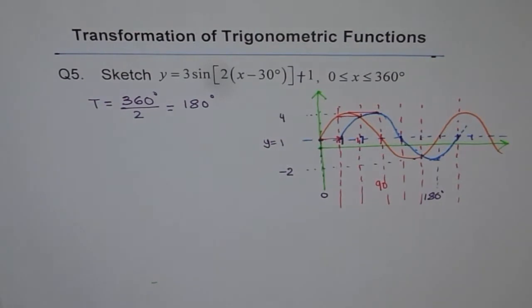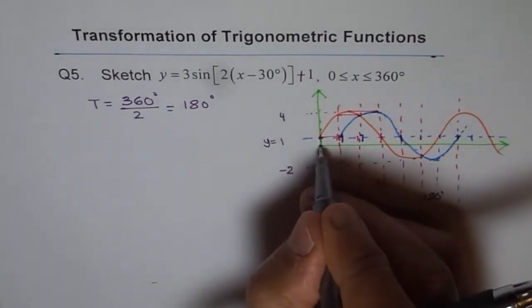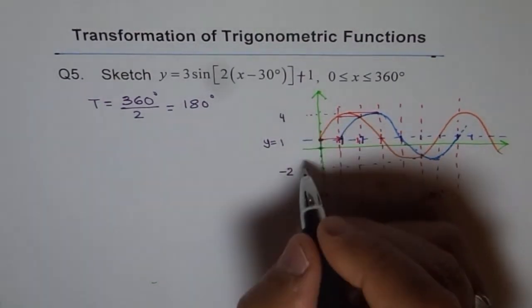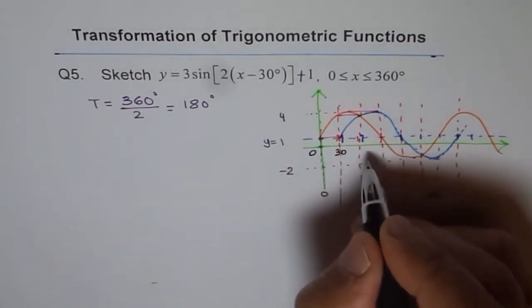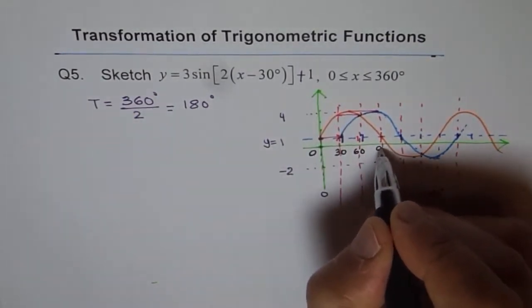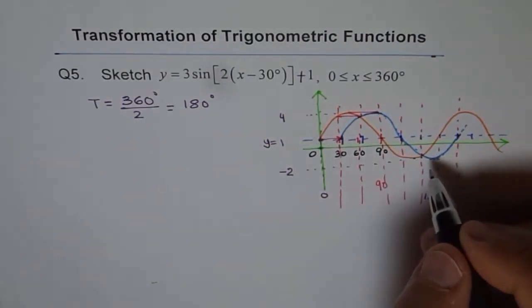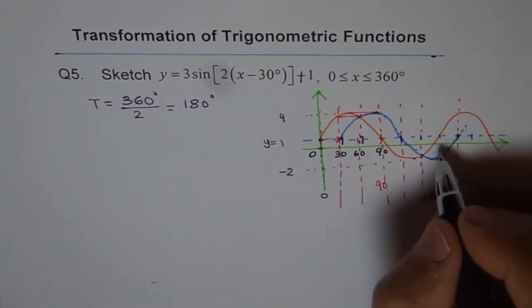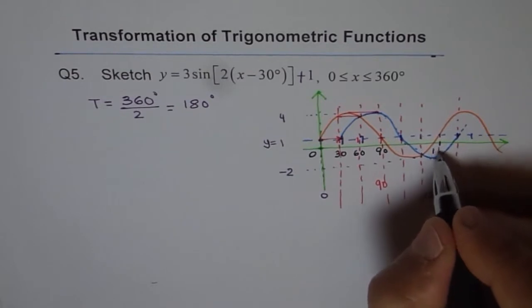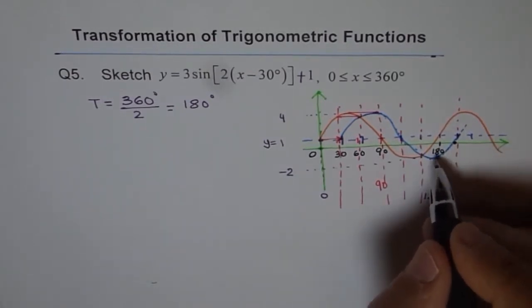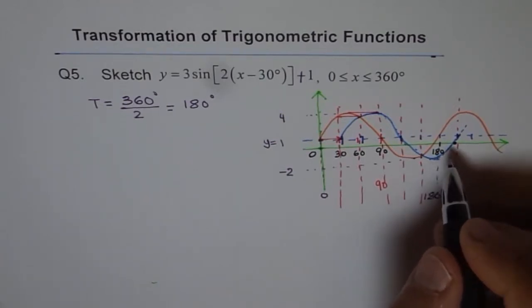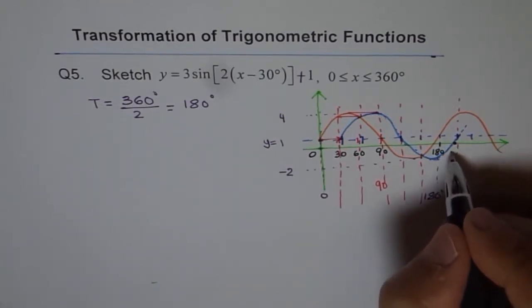So that's my 0, let me extend it here. How does it matter? So I have a 0 here, right? And these are 30, 60, 90, like that it goes. Do you see that? And this one is 180 for me. And that one where my wave ends is 30 more than 180, right? So it is how much? 210.